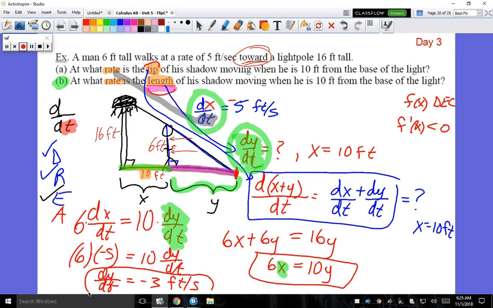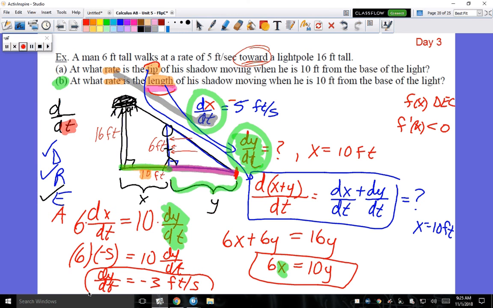Or you can say y is decreasing at a positive 3 feet per second, because that decreasing piece that I said in words already took care of that negative. But if you say on the test that it was decreasing at negative 3 feet per second, what you just said is that it was actually increasing. Don't use double negatives to make that positive, okay?